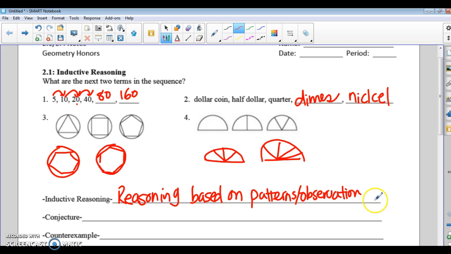And based on that, we also make a conclusion. Now, that conclusion, in a fancy word, is called a conjecture. So a conjecture is a conclusion based on inductive reasoning.